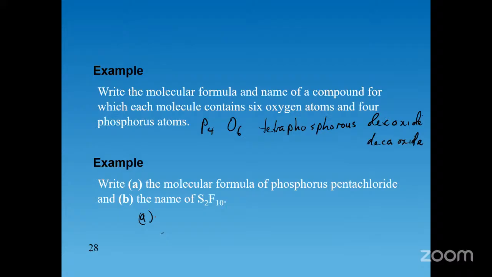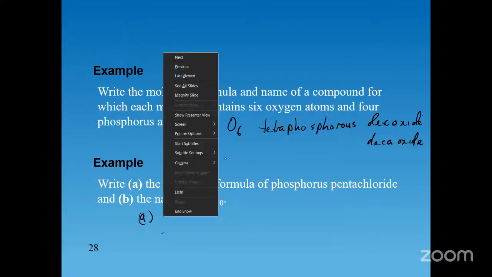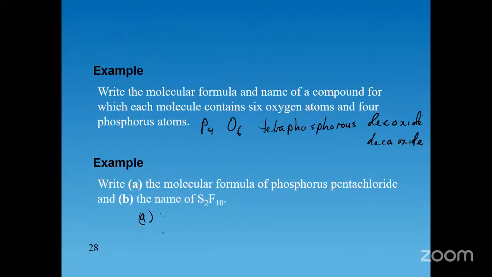That should be easy. PCl5. Exactly, PCl5.